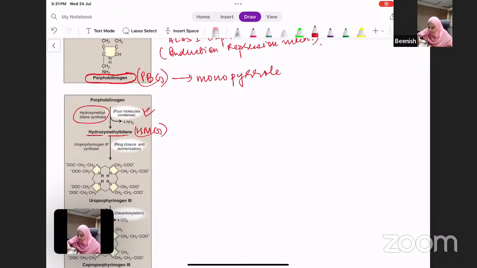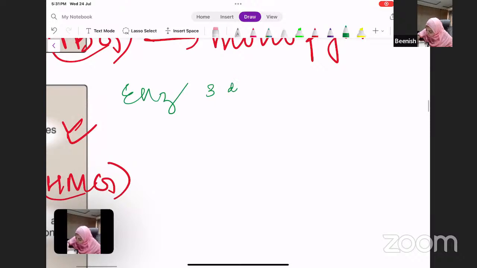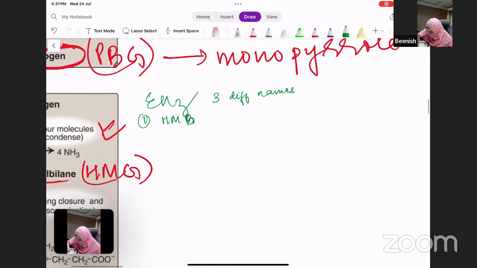Now, this enzyme, hydroxymethyl bilane synthase, has three different names. One is HMB, that is hydroxymethyl bilane, synthase.